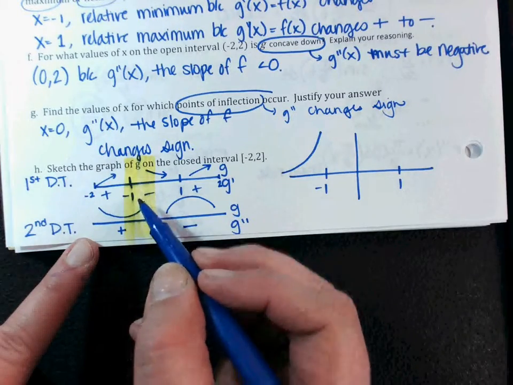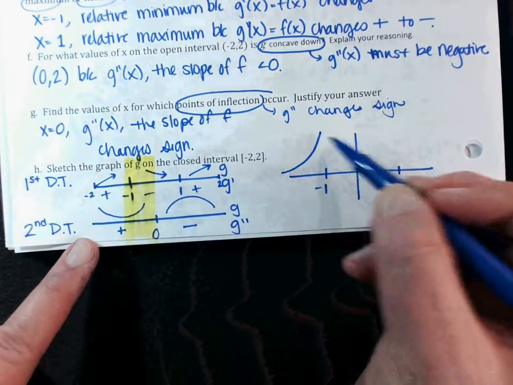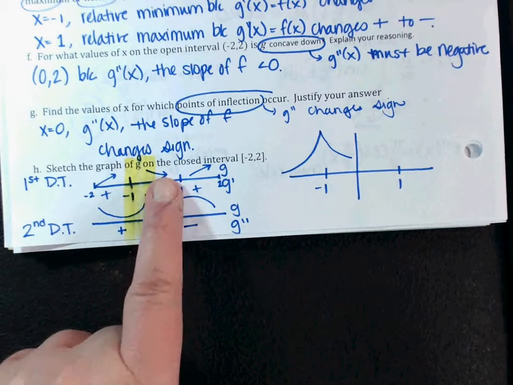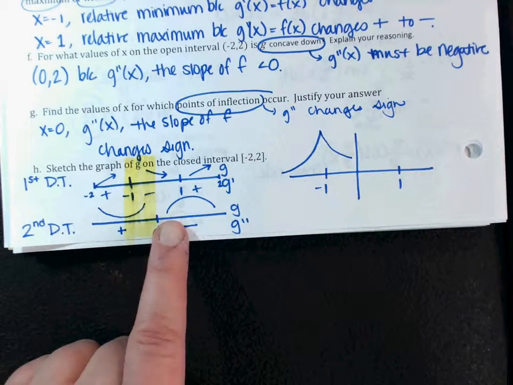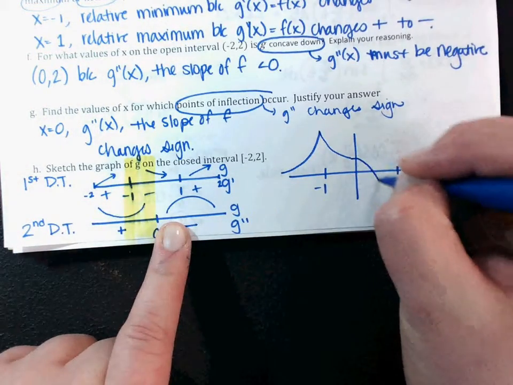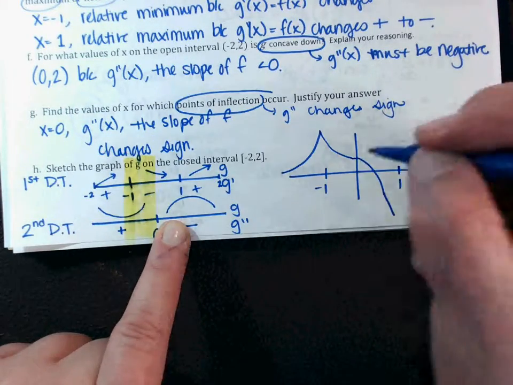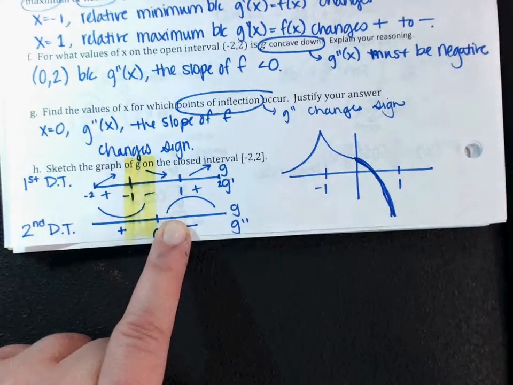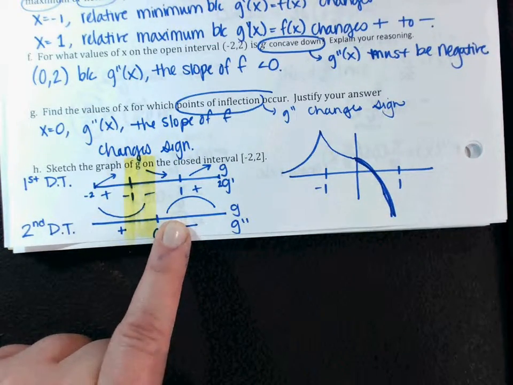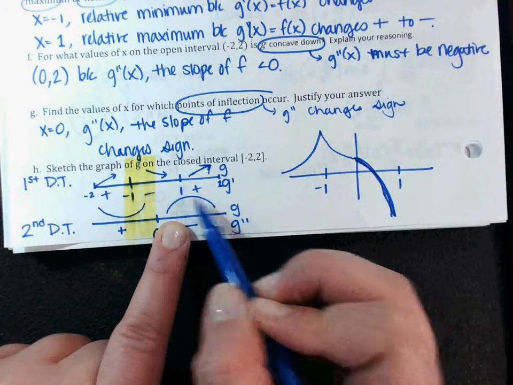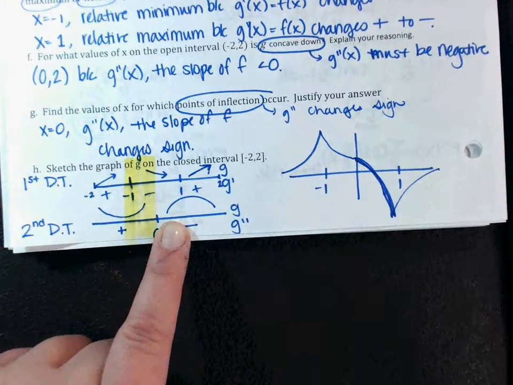Then at 0, I'm still decreasing, but now I'm concave down. And then for my last little chunk of my graph here, I need to be increasing, but concave down.